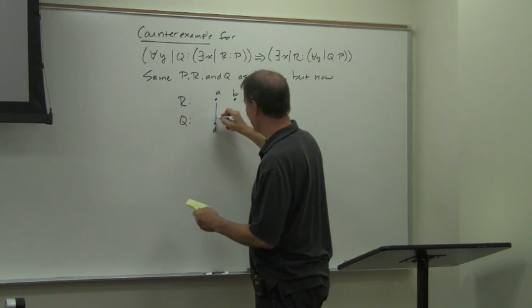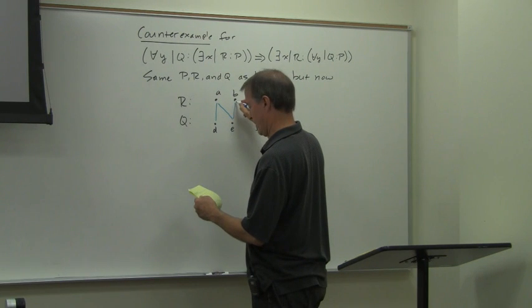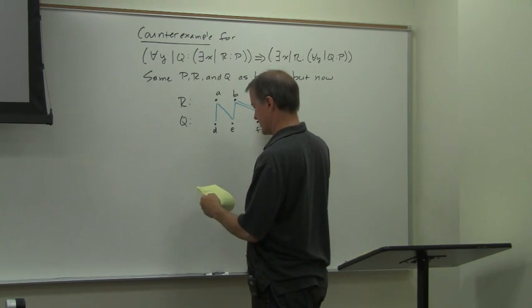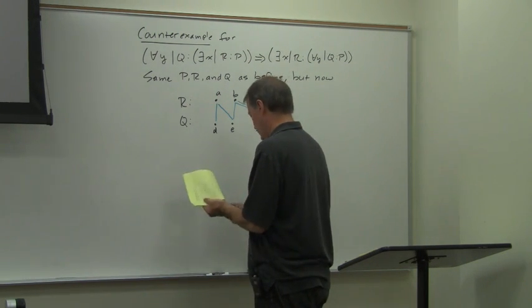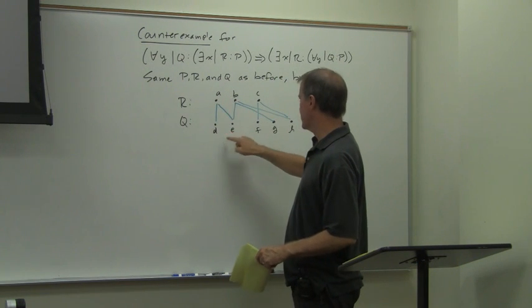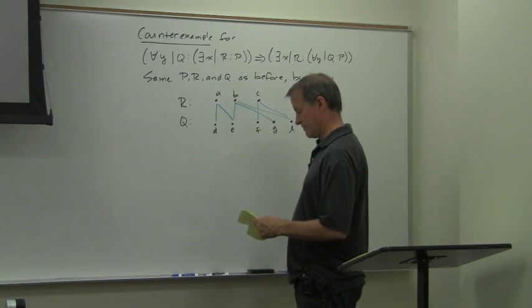Dolores. Okay, so A and E is like this, B is from here to G, and then to H, and C is to F and to H. So let's suppose that it's like this. A loves D and E, B loves E, F, and G, and C loves F and H.